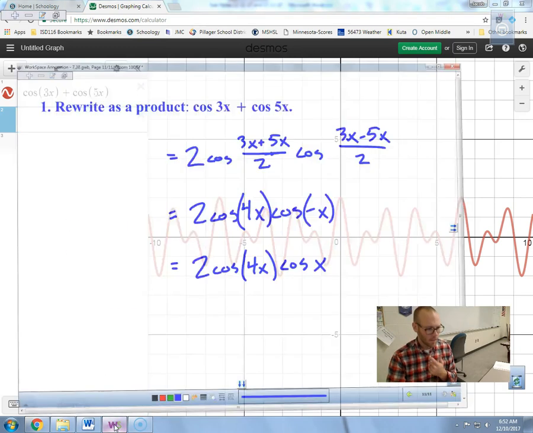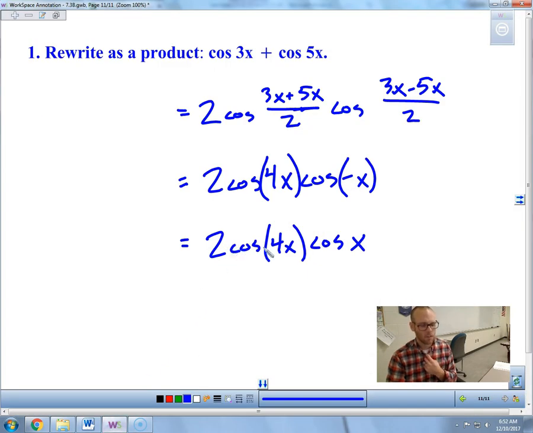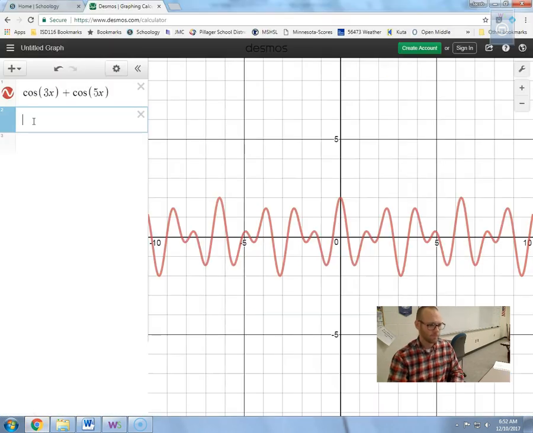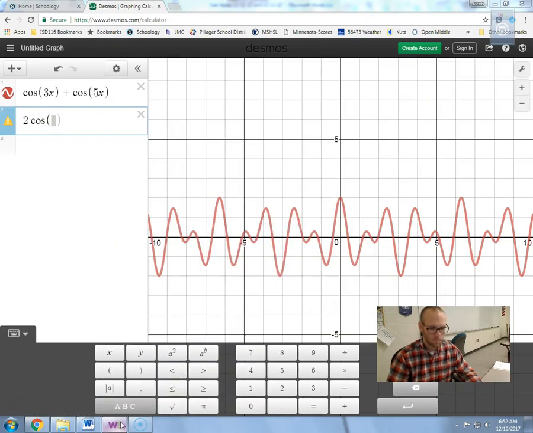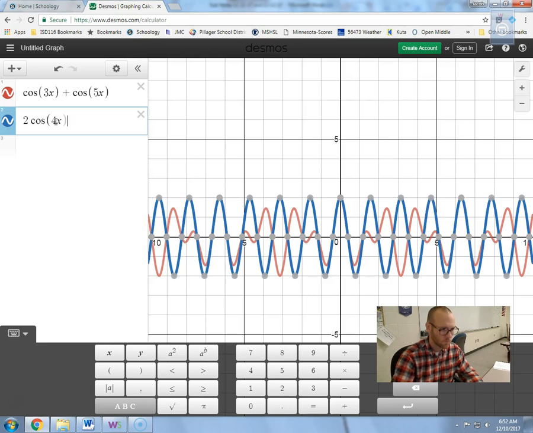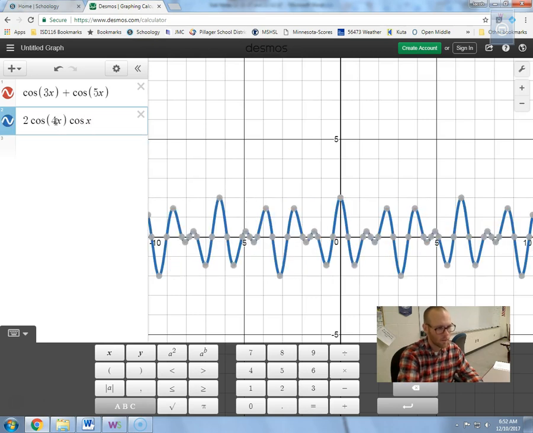Let's see, does that equal 2 times the cosine of 4x cosine of x? 2 cosine 4x cosine of x. Look at that.